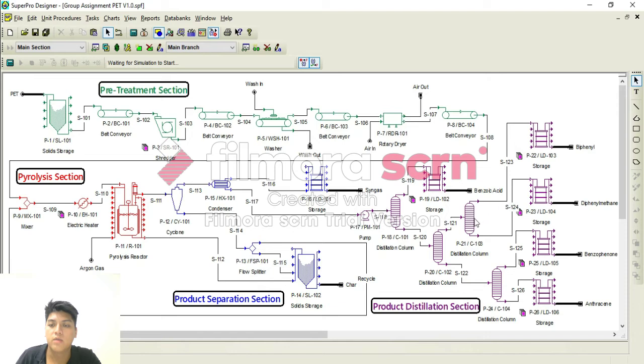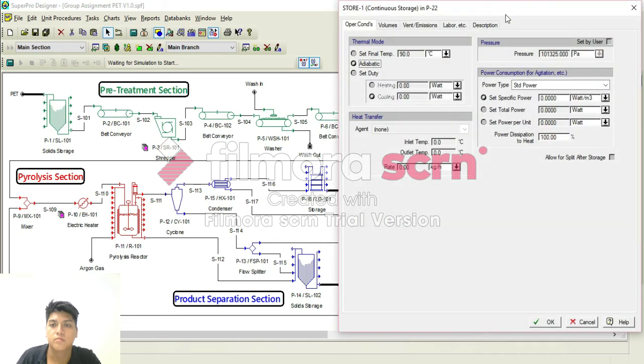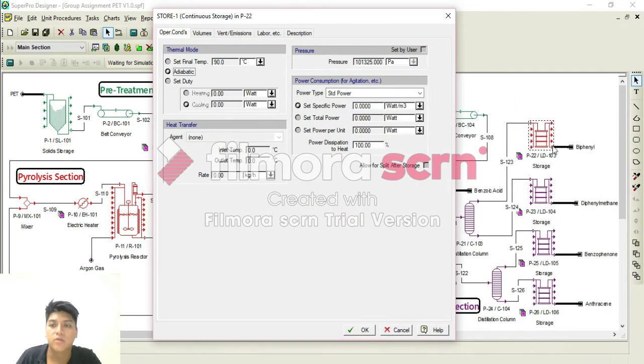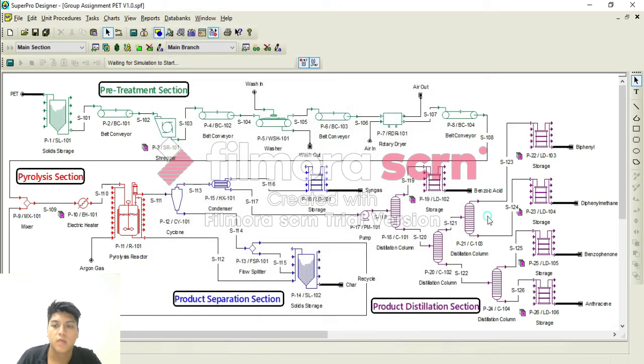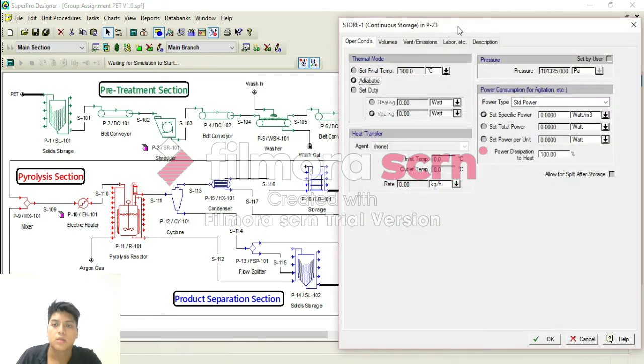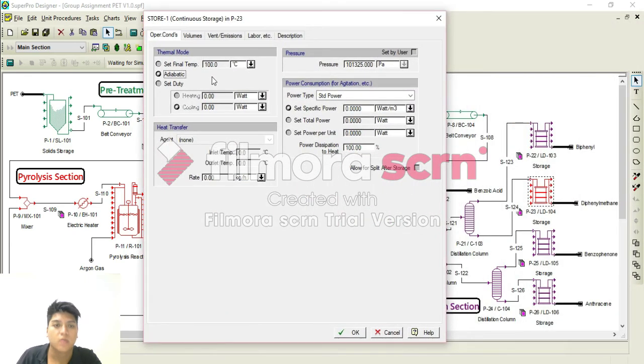The distillate of the third distillation column, which contained biphenyl, will enter a storage drum. The storage drum for biphenyl was set to operate at adiabatic thermal mode, whereas the bottoms of the third distillation column, which contained diphenylmethane, will enter a storage drum as well. The storage drum for diphenylmethane was set to operate at adiabatic thermal mode as well.